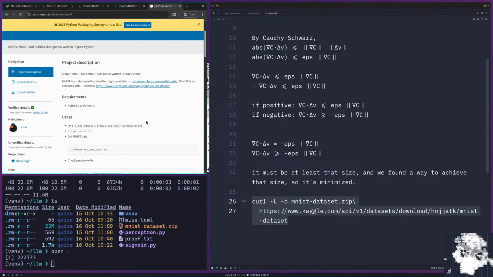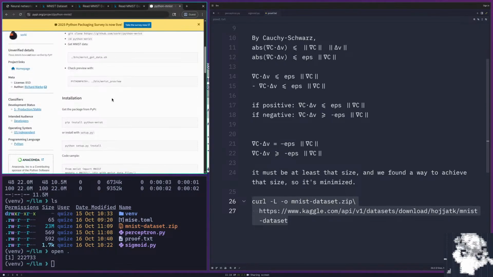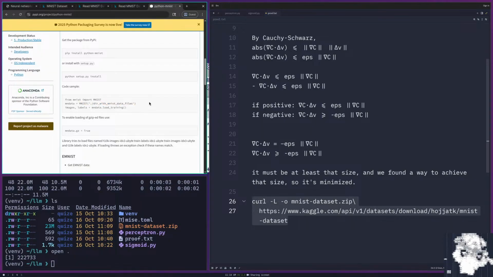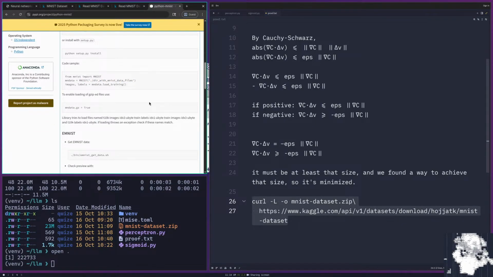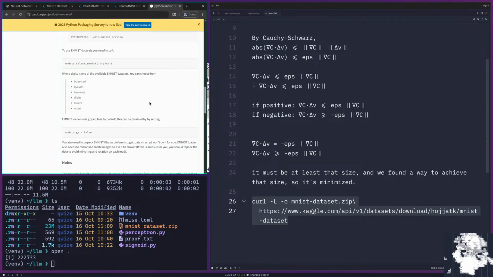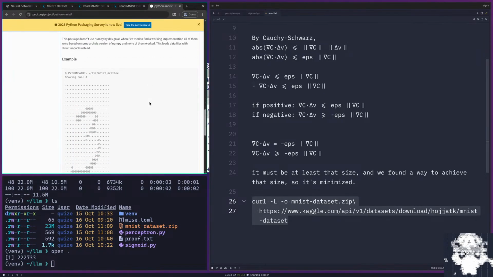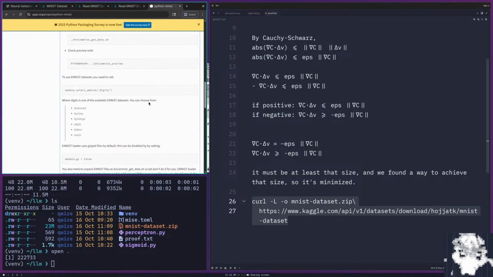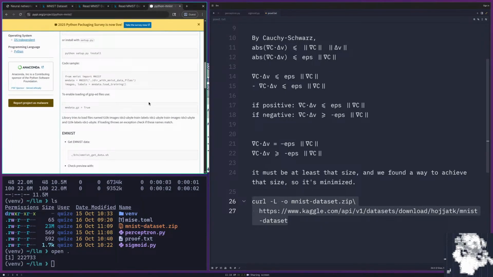Now that I have the data, you're supposed to be able to just do this. This is so annoying.